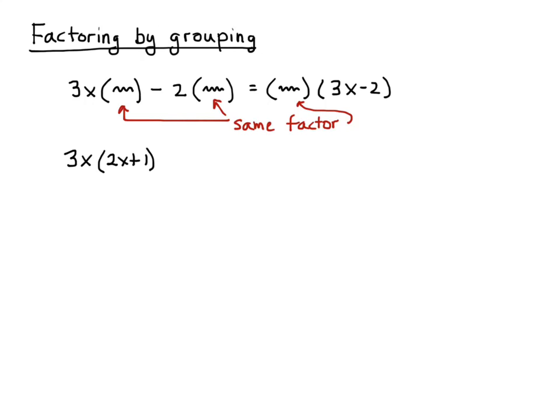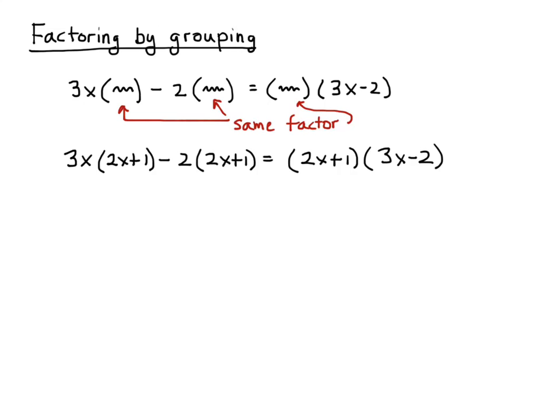And so when we have something like this, perhaps that's a little bit more difficult to see how that factors, but look at what's in common. The 2x plus 1 is in both terms here, so that factors out. And so we get the product of two binomials by factoring this.